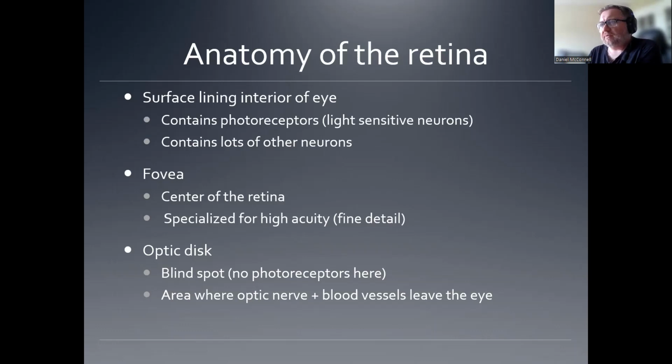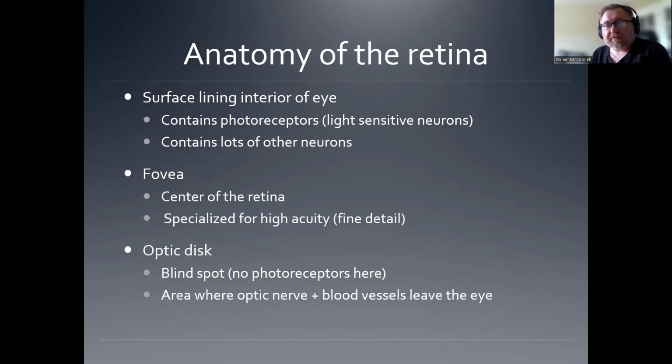A couple of features that we want to know about the retina before we get into the details of what these receptors are like and what some of these other neurons are like and what they do is the fovea. So when you look directly at something, we call that fixating or foveating. If you're looking directly at your computer screen or a phone screen right now, that image is falling directly onto the center of your retina, and that is called the fovea.